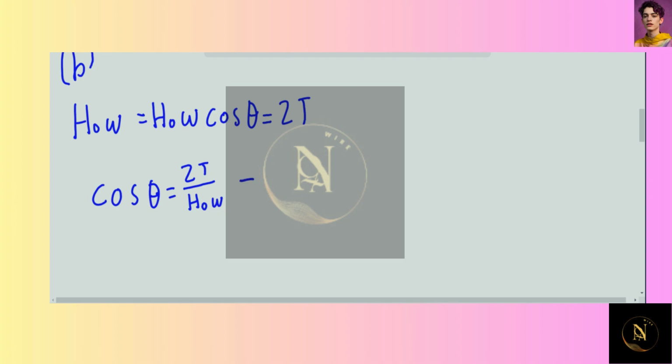So from this, we say that the cosine of theta is going to be greater than 0. So we can now say that the angle theta is going to be less than 90 degrees.